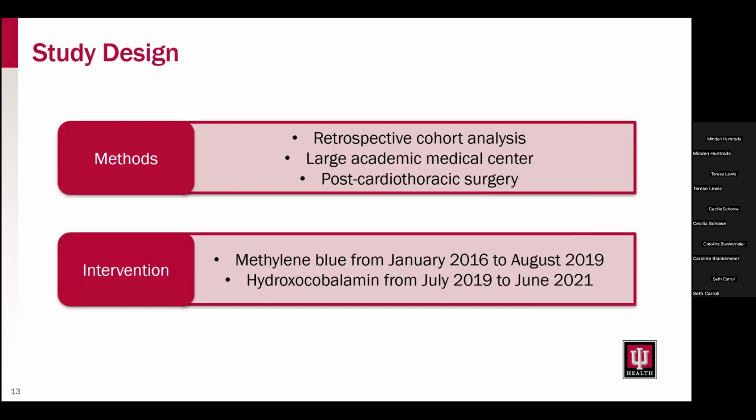The intervention was methylene blue from January 2016 to August 2019, compared with hydroxocobalamin from July 2019 to June 2021. So this is kind of like a before and after study, as their standard practice at this institution was methylene blue for those first couple years, and then they switched to hydroxocobalamin in the last couple.